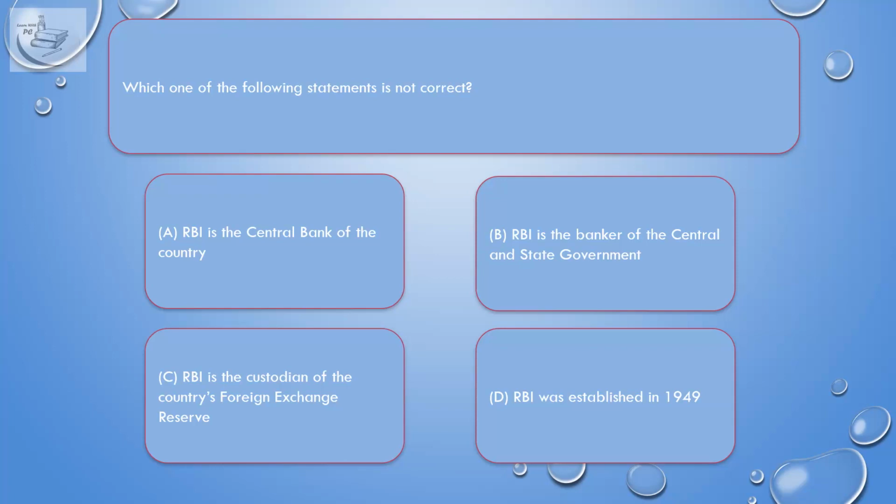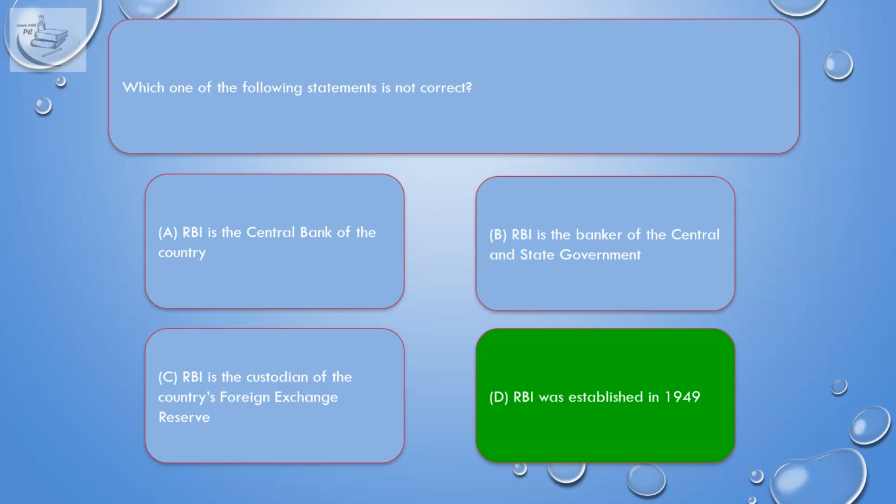B. RBI is the banker of the central and state government. C. RBI is the custodian of the country's foreign exchange reserve. D. RBI was established in 1949. Correct answer is D. RBI was established in 1949.